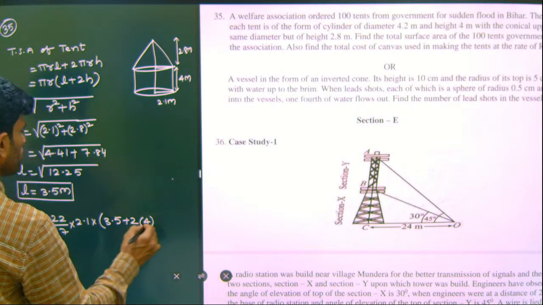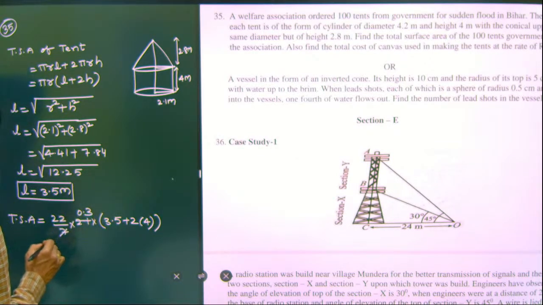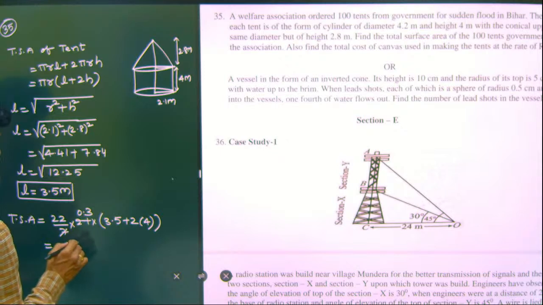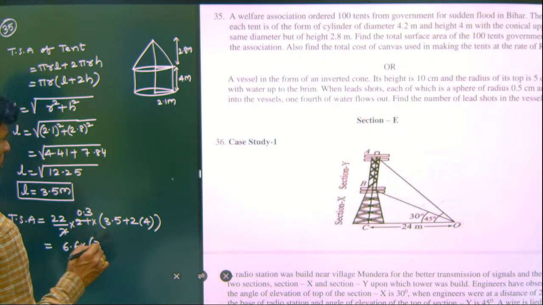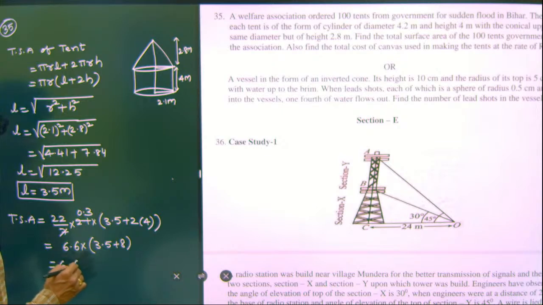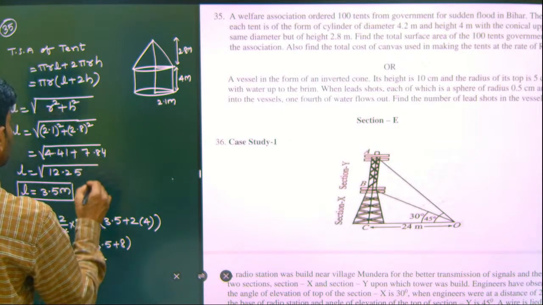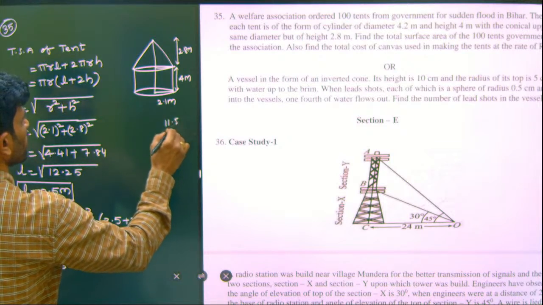So that is 7 ones are 7, 0.3. 0.3 into 22 is 6.6, into 3.5 plus 8. So it is 6.6 into 11.5. Multiply these two, 6.6 into 11.5.